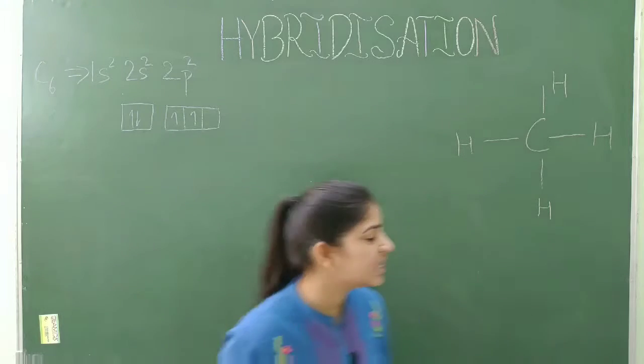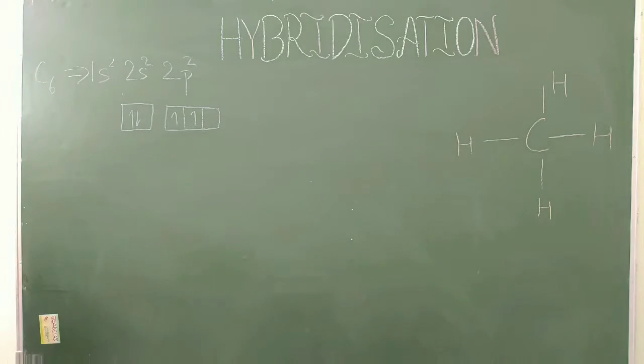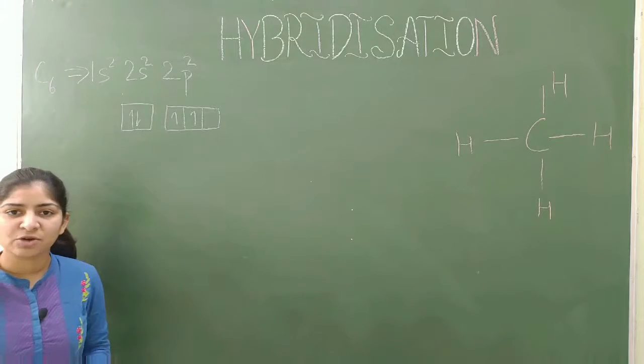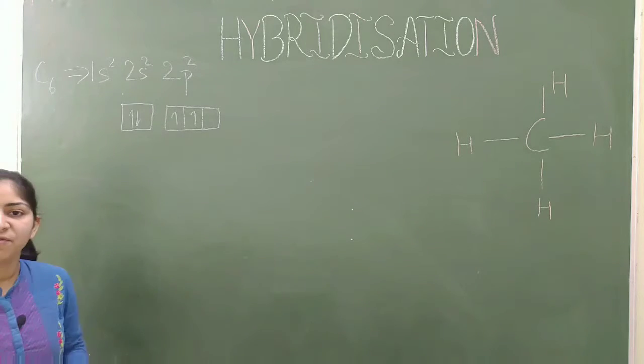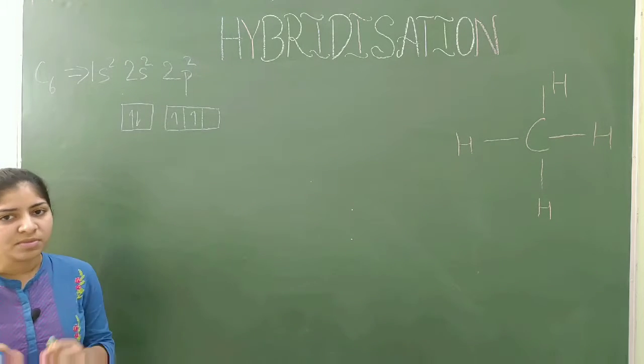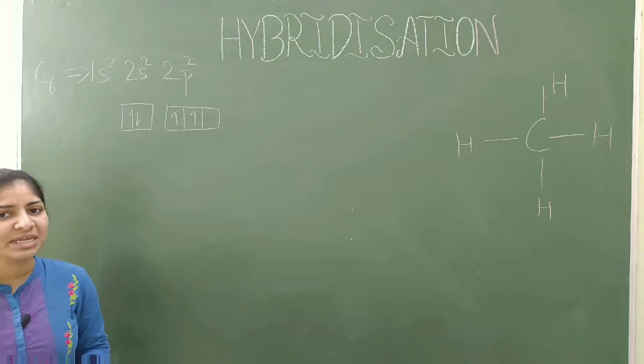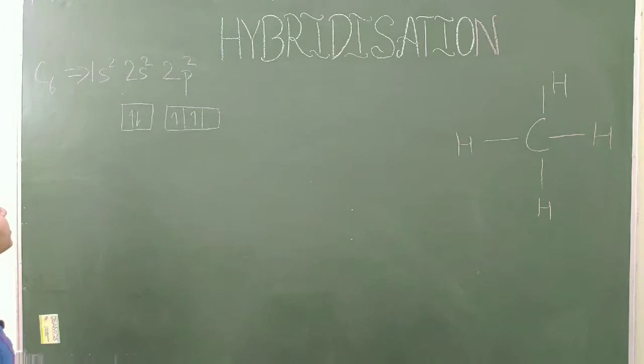Now let us discuss one example: carbon. As we know, the atomic number of carbon is 6 and the electronic configuration is 1s2, 2s2 and 2p2. The number of valence electrons present in carbon is 4, that is the number of electrons present in the outermost shell.